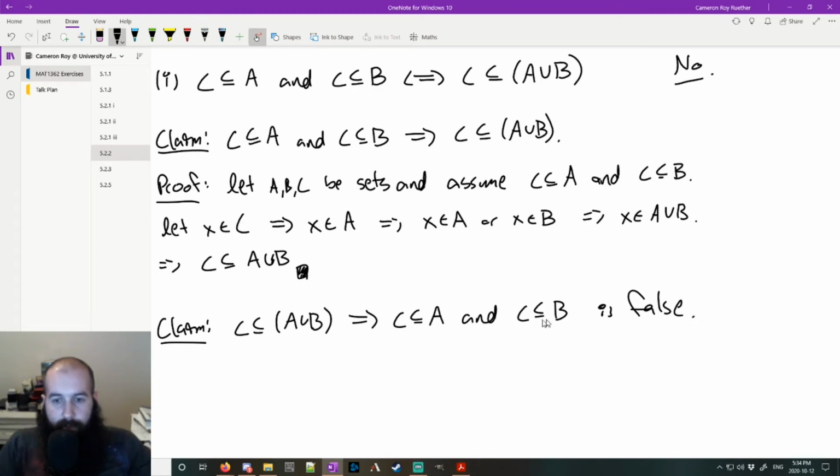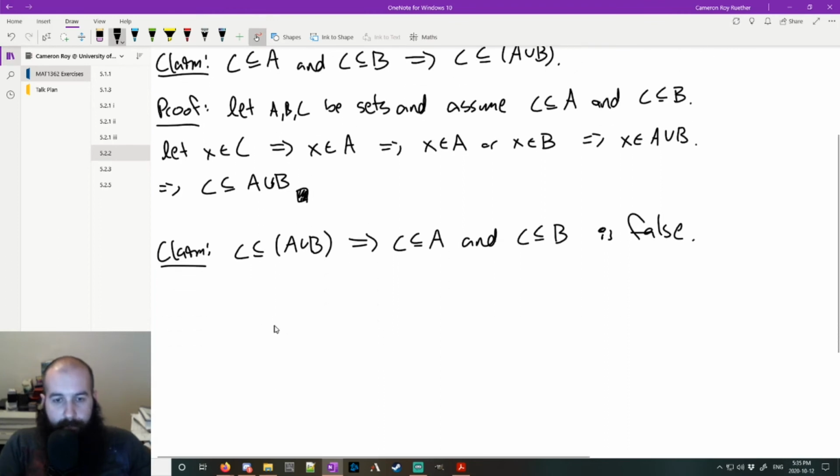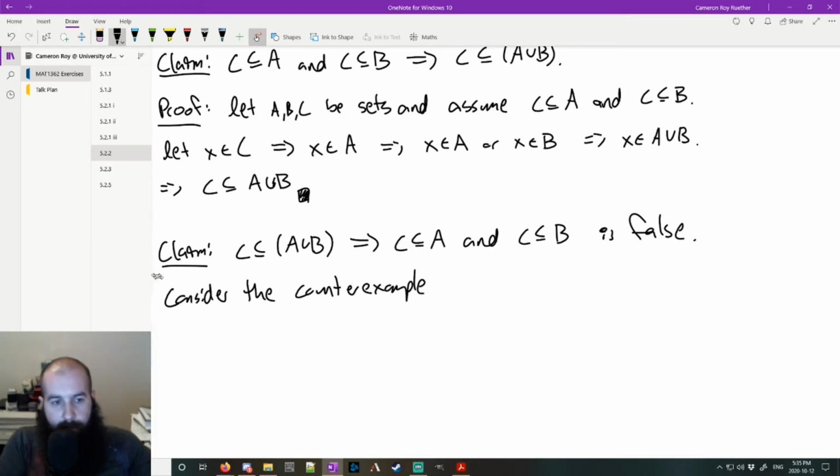To show that this is false, we need to provide a counterexample of sets A, B, and C, where C is a subset of the union, but it is not a subset of either or. So, consider the counterexample. This is our proof.